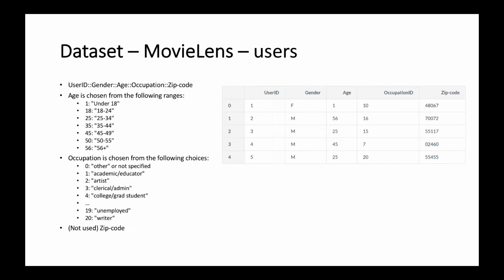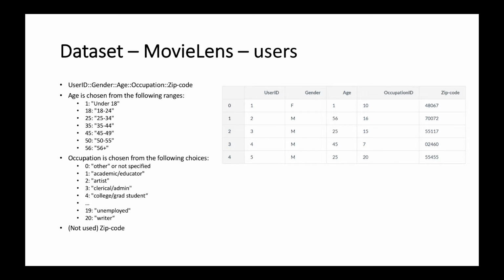There are three files in it: users, movies, and ratings, and they have a similar format. Users have user ID, gender, age, occupation, and zip code fields, in which age uses 7 numbers to represent the age range, and the occupation is chosen from 0 to 20, which also means different fields.